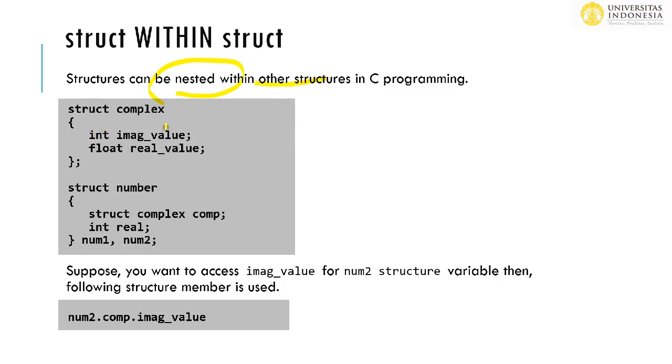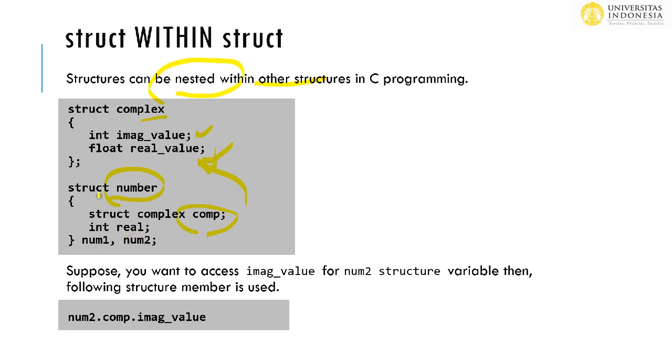Okay. So as previously you learned, the complex structure contains an imaginary value and a real value. You can also use this complex structure in another structure called number. So just mention the structure complex here and mention the variable names. So you have two members in the number structure, and one member of the number structure here has another two members, right?